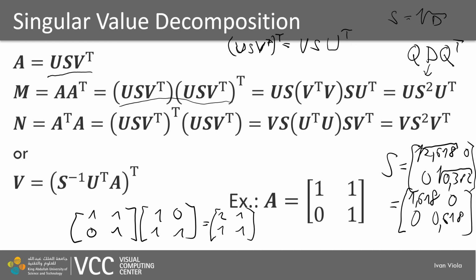So we have the S, we have the U, we just need to calculate the V transpose. We can calculate it in the same way by calculating it from the matrix N, which will then be A transpose times A, and there we will get the V out of the product, and then we can calculate the vector V from this.